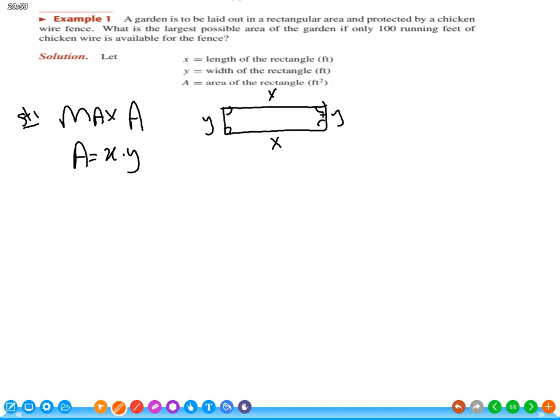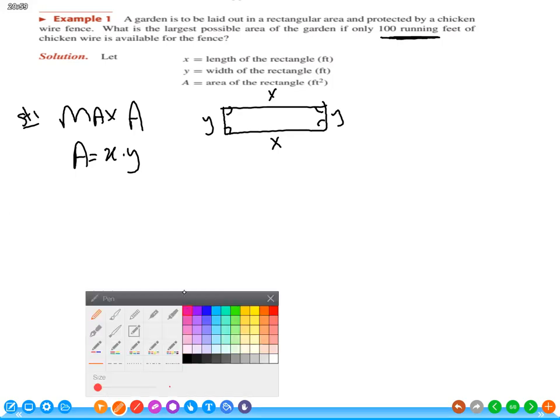And keep in mind, without optimization or calculus, derivatives, how would we make a fence of a rectangle if we have 100 running feet of chicken wire available to fence a rectangle? I have many possibilities.